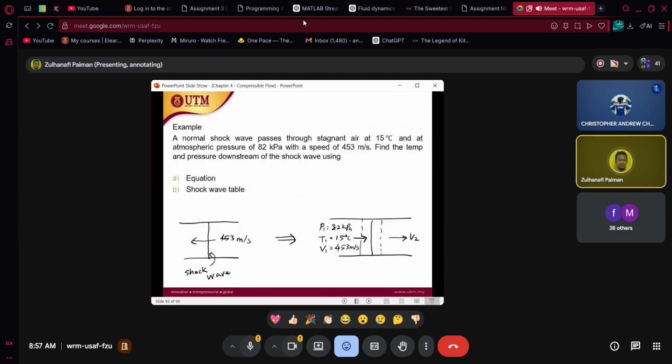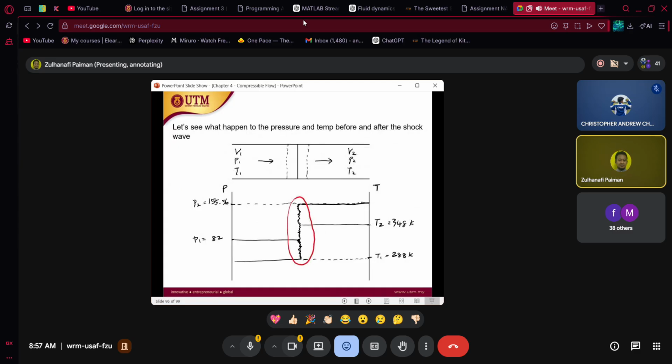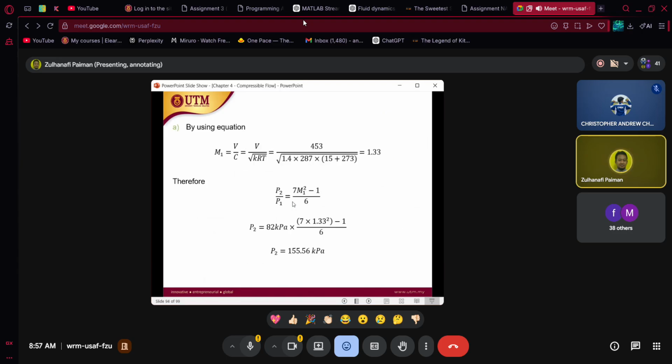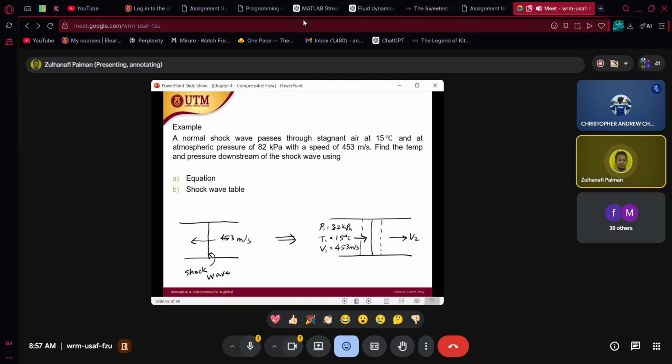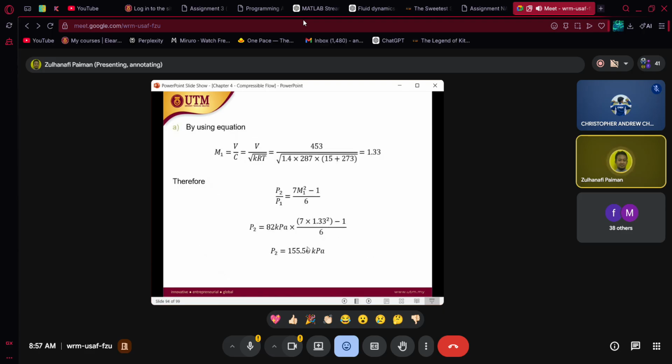So look back here. The pressure before the shock wave is 82, and after the shock wave, it is increased up to 155.56. Here P1 is 82 and P2 is 155.56.